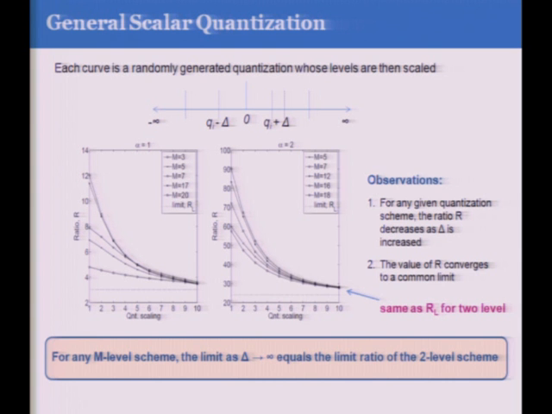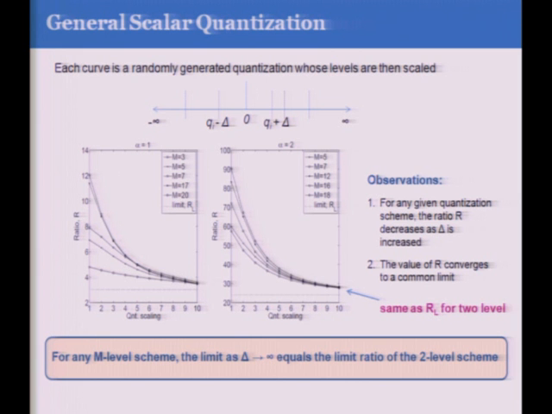This is similar to what was happening with the two-level scheme, where you were just taking one quantization level and stretching it out. Again, we see a similar trend: as delta keeps increasing, these curves come down.